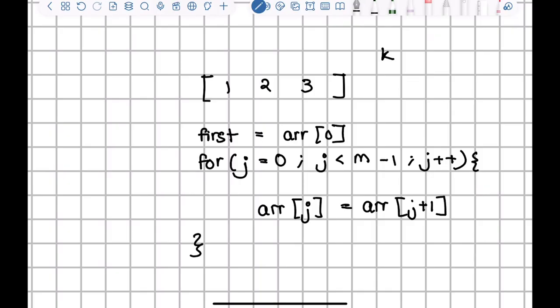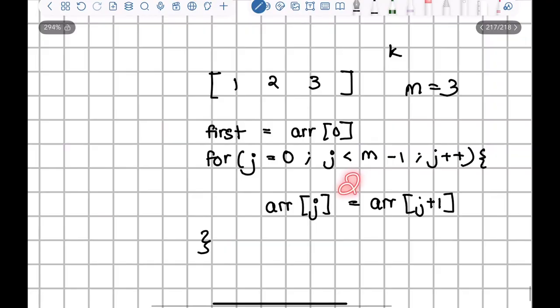So what will happen here is that I start with 0. My m here was 3. So my array at 0 would be array at 1. So here 2 came. It rotated once. Then my j became 1. So my array at 1 would be array at 2, because j plus 1, so 3 came here. And since my j is 1 and m minus 1 is 2, now my j will become 2. 2 is less than 2 is not true, so it will come outside.